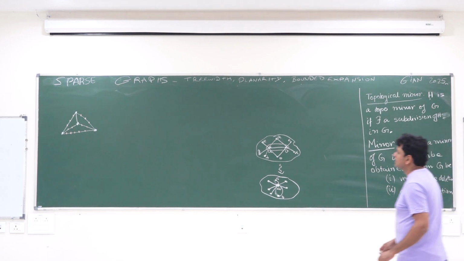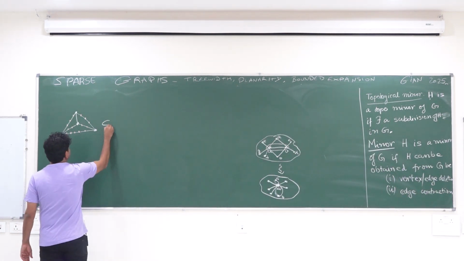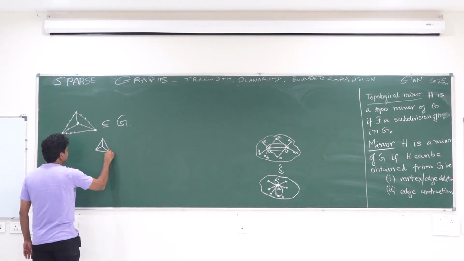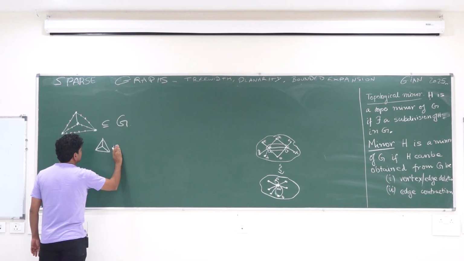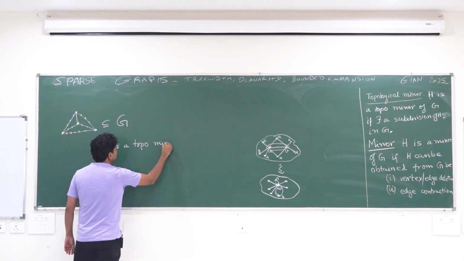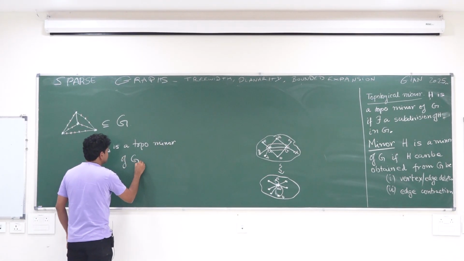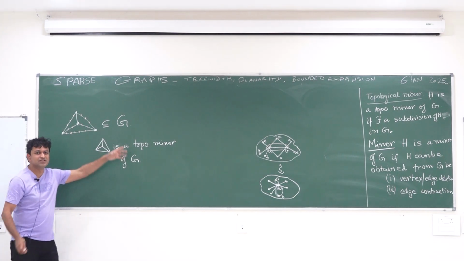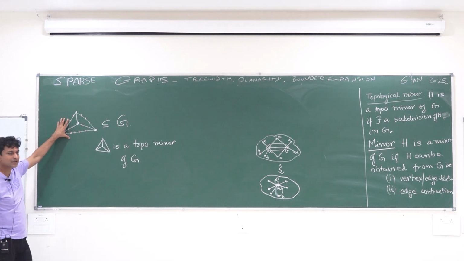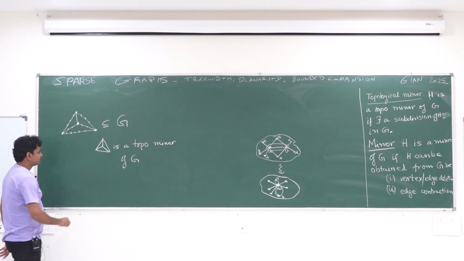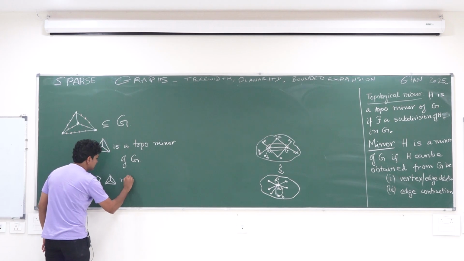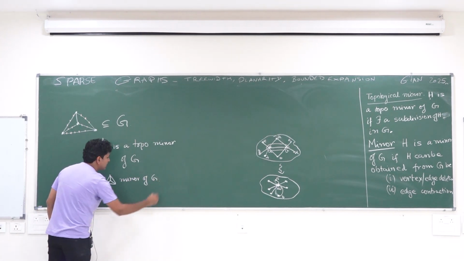Suppose K4 is a topological minor of G. Maybe G is very sparse, large, but anyway a subdivision of K4 is sitting inside G. I'm saying this implies that K4 is a minor of G. How?